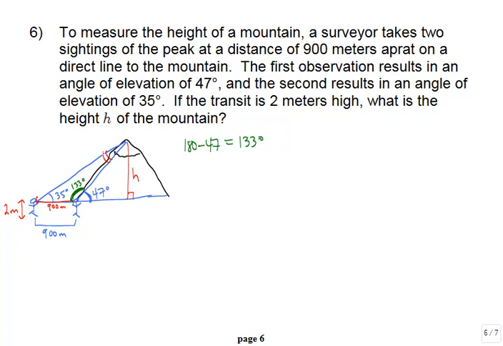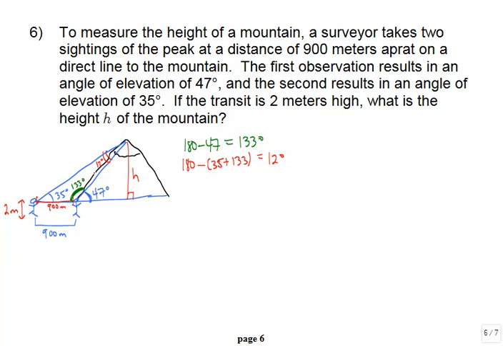Therefore, this little angle up here in red has to be 180 minus 133 and 35, the other two angles in this little triangle on the left. So 180 minus 35 plus 133 turns out to be 12. So this little tiny angle up here in the corner is 12 degrees.